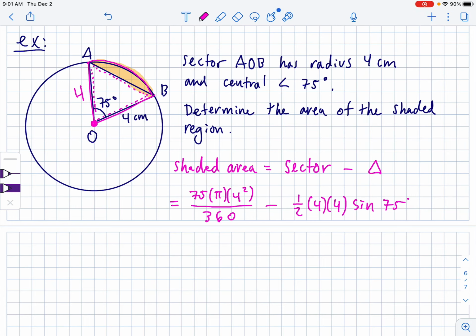So, the area of the sector, if you crunch that out, is 10.47 centimeters squared. And then the area of the triangle is 7.73 centimeters squared. And then if you subtract both of those, you should get about 2.74 centimeters squared, of course.